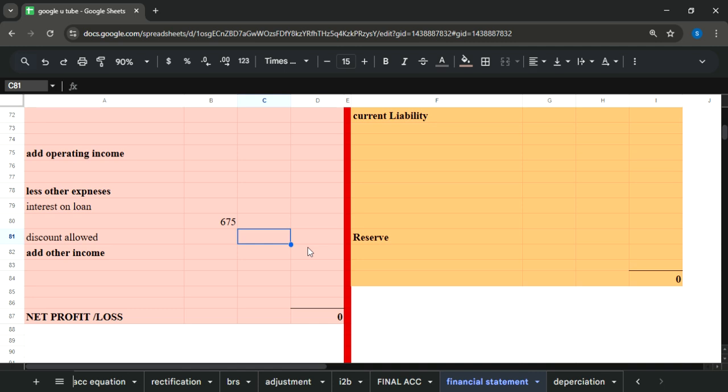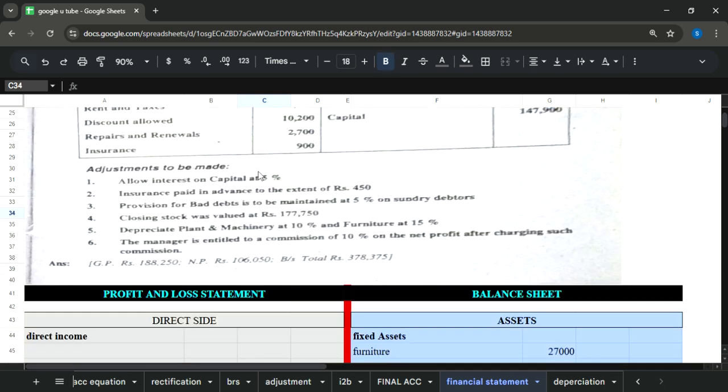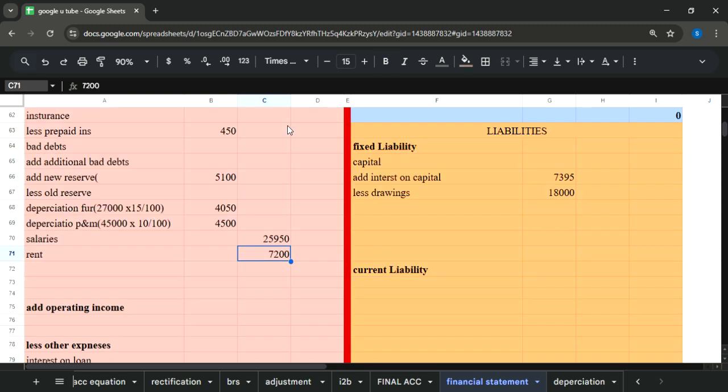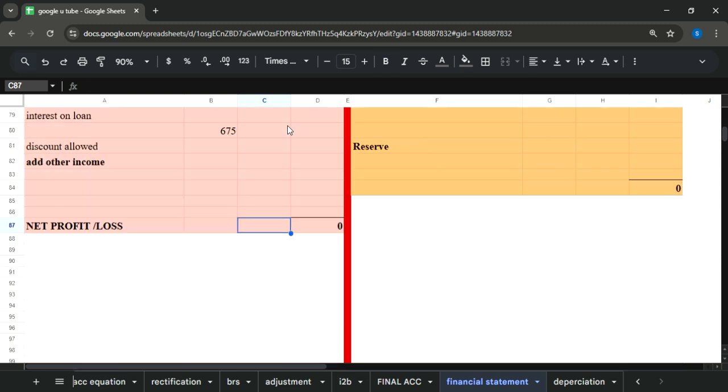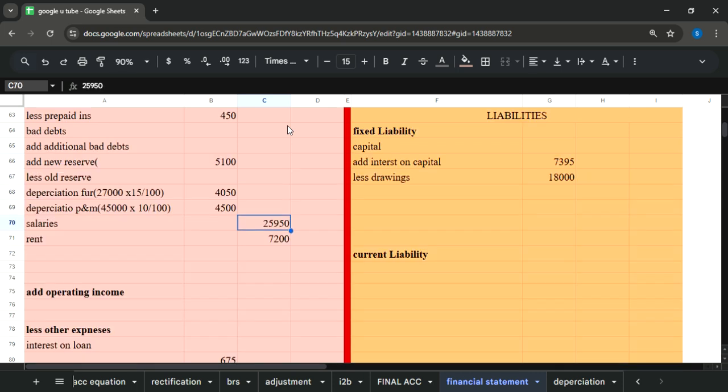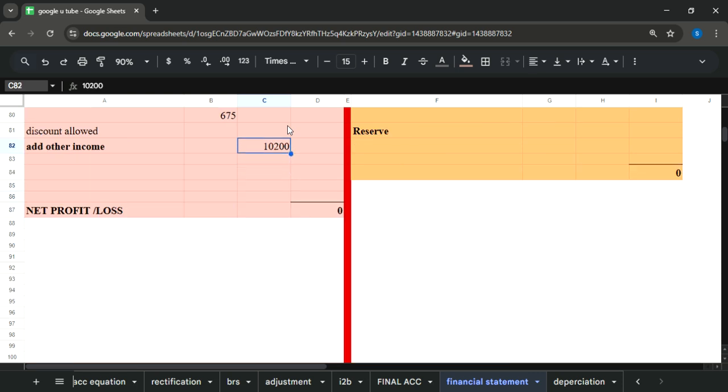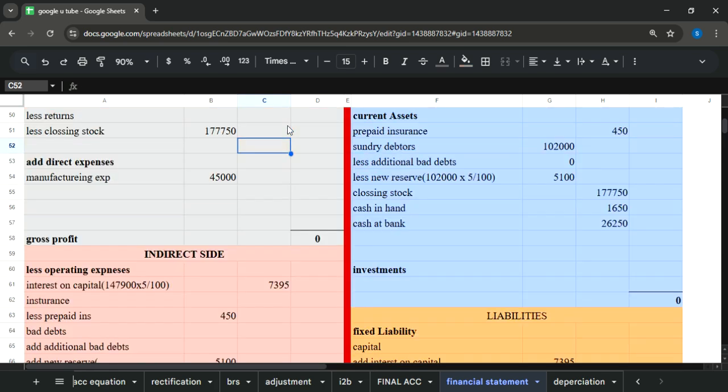For that, how much discount allowed is 10,200. Just put 10,200. Where here is 10,200. Okay, discount allowed we have entered.